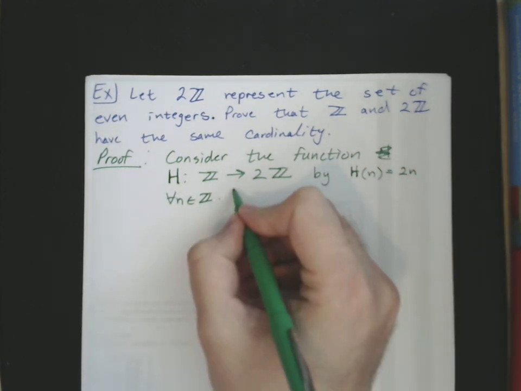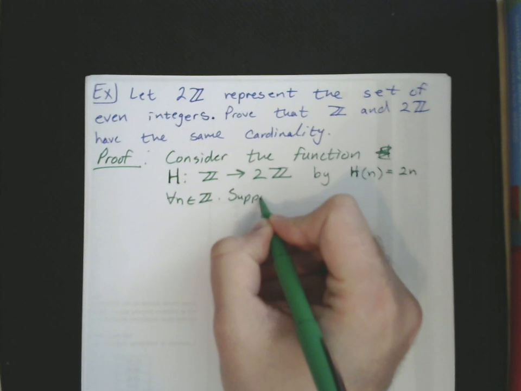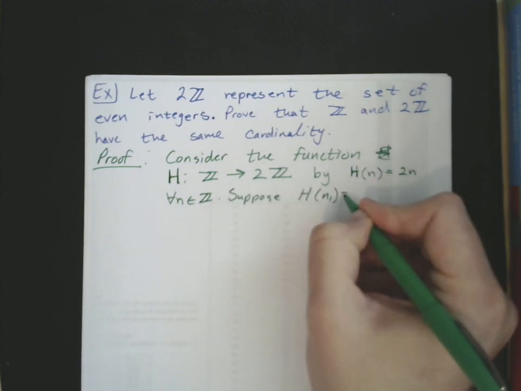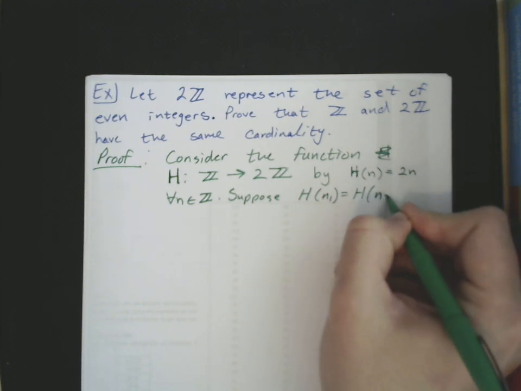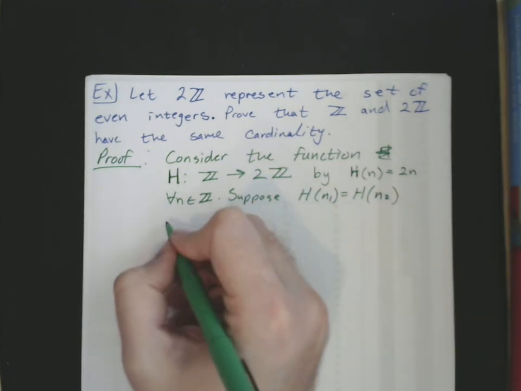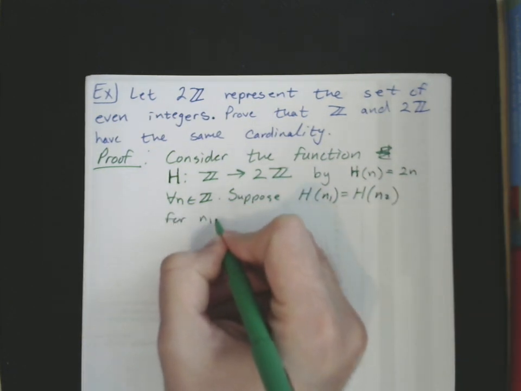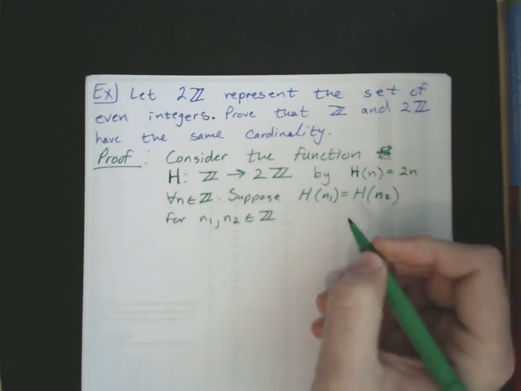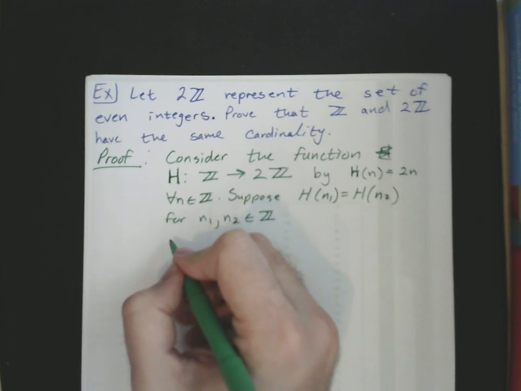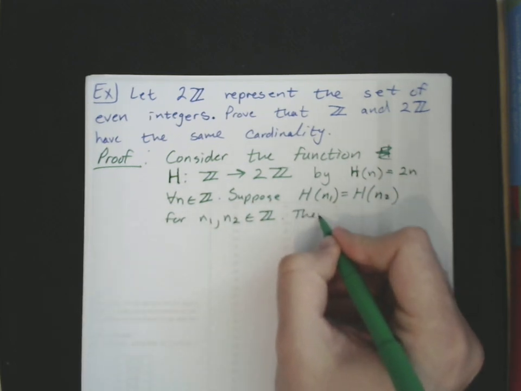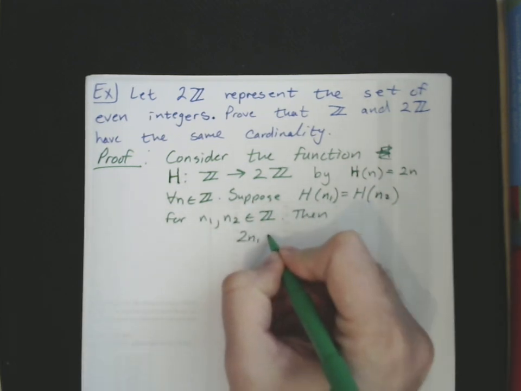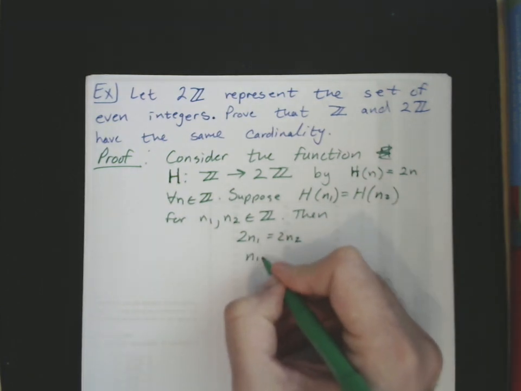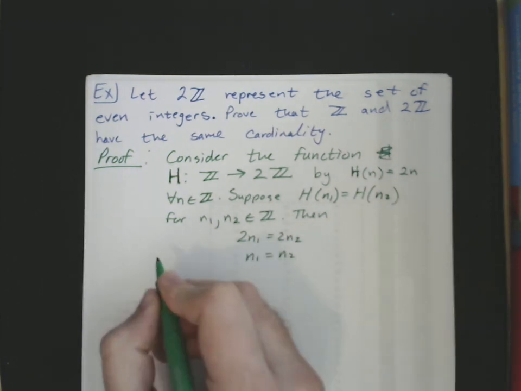So we are going to suppose h of n1 equals h of n2 for n1 and n2 in Z. Then that means that 2n1 equals 2n2, or n1 equals n2.